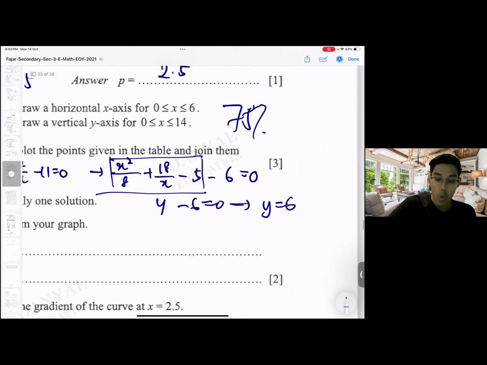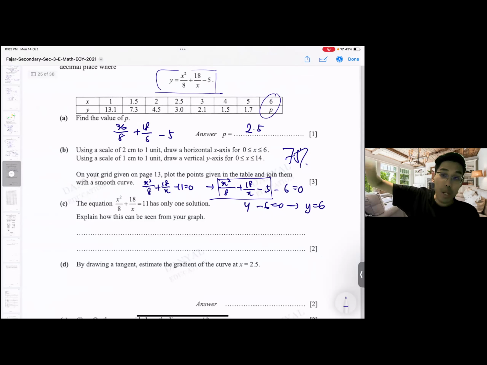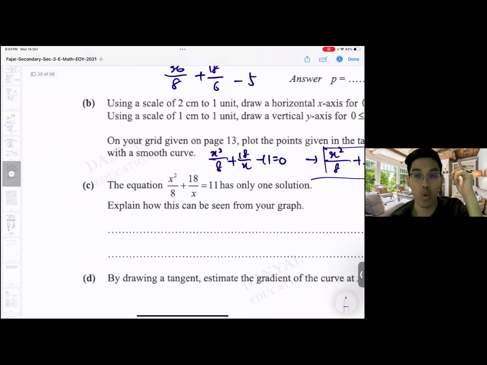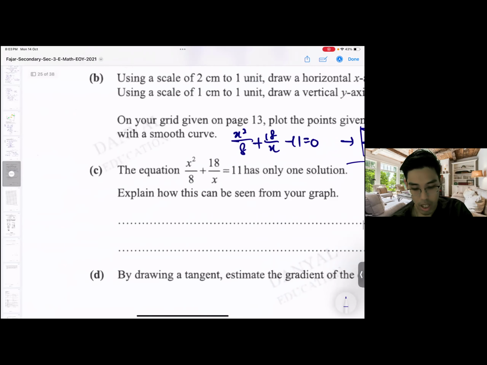That means in the U-shaped graph that you drew for the original equation, we draw another straight line of y equals to 6 and see how many times it cuts the U shape. In this case, it will cut only once. That's why it has only one solution. So that explains how this can be seen from the graph.